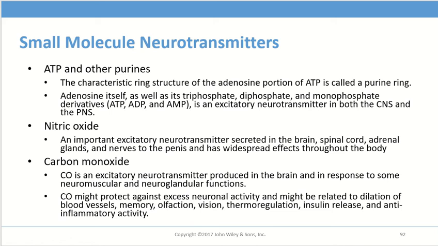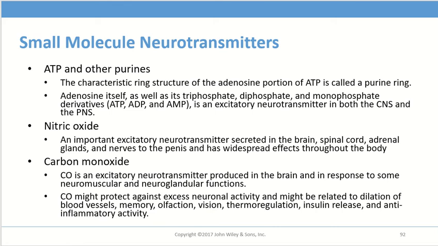And then last but not least, we have carbon monoxide. This is a gas, and it's also an excitatory neurotransmitter that's produced in the brain as well as in response to neuromuscular and neuroglandular functions.